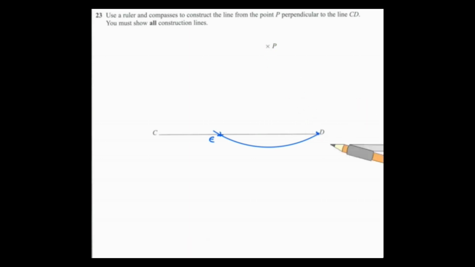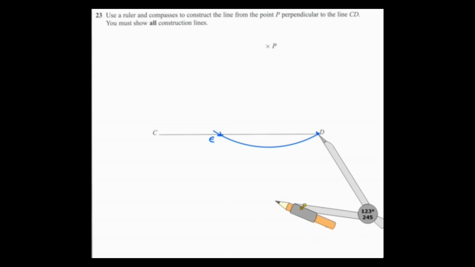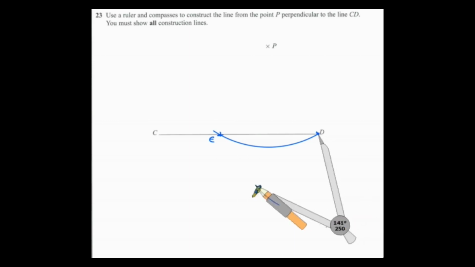Now let's go back to the compasses, and I'm going to put the point on D as best I can. I am going to narrow the gap of the compasses a little, but no more than halfway, and from here I'm going to draw an arc of a circle.